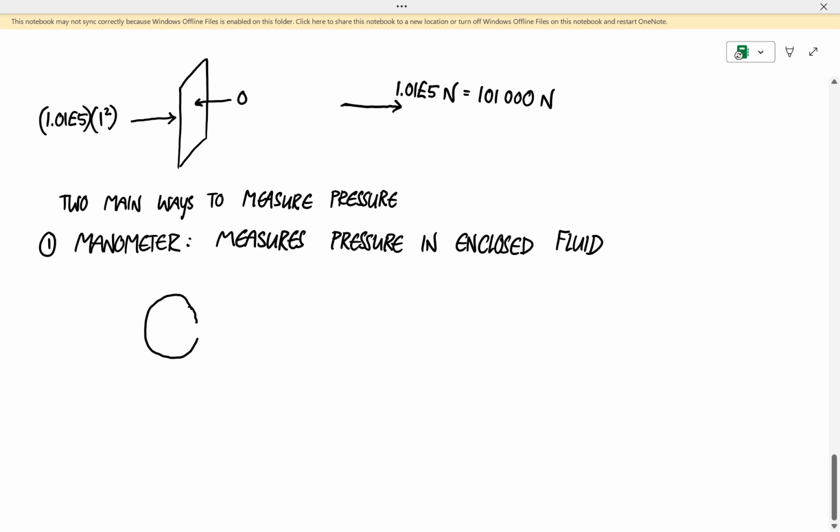Here's the side that contains the fluid you're trying to measure. I guess really this, in most cases, would have to be a gas. So this is the fluid pressure P that you're trying to measure.